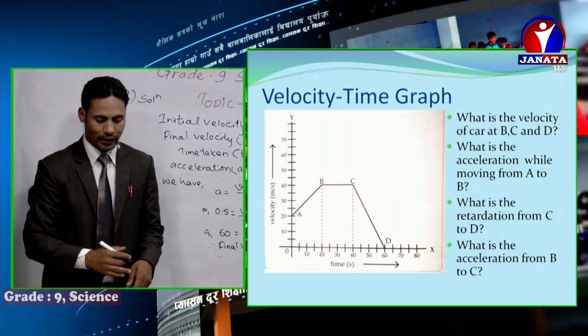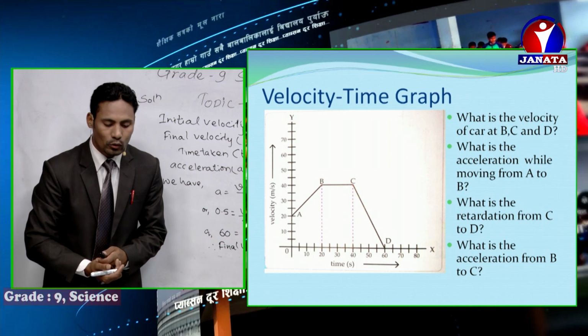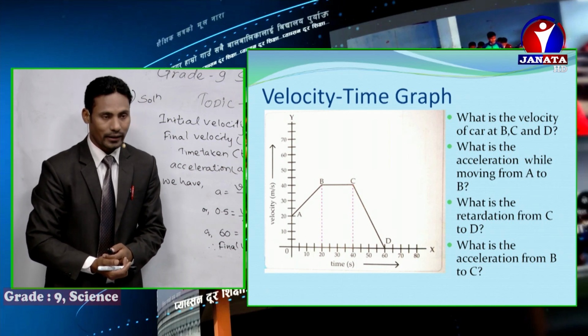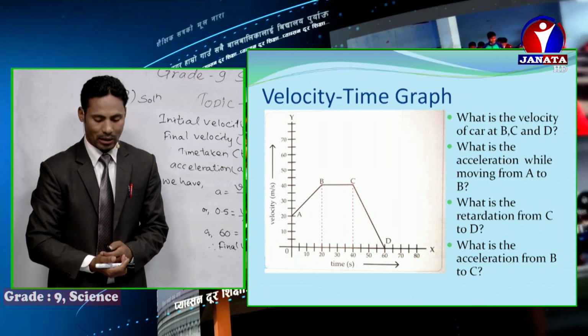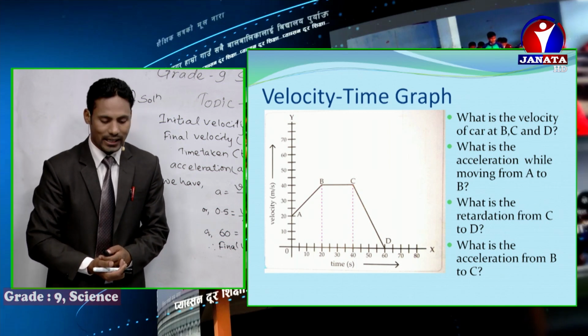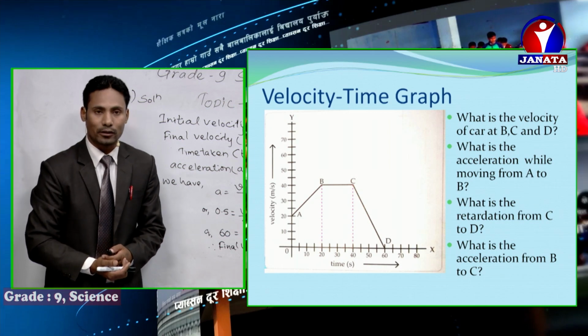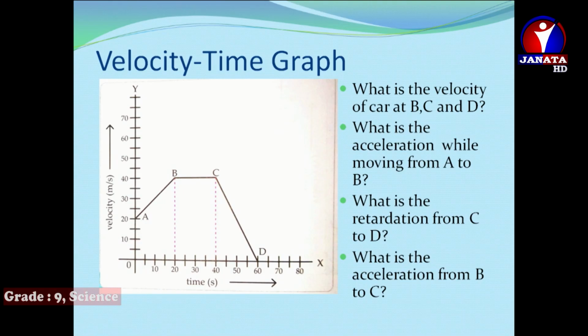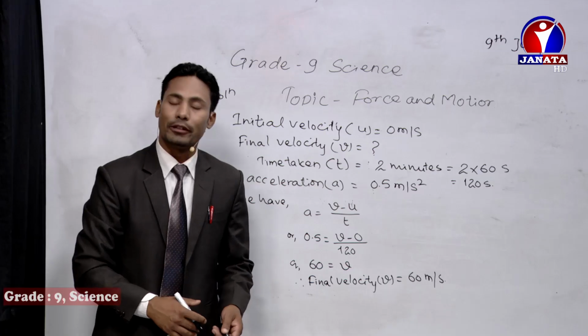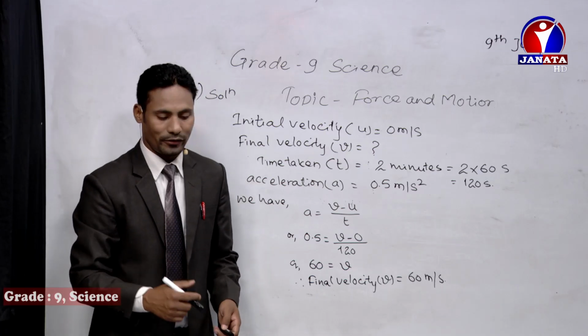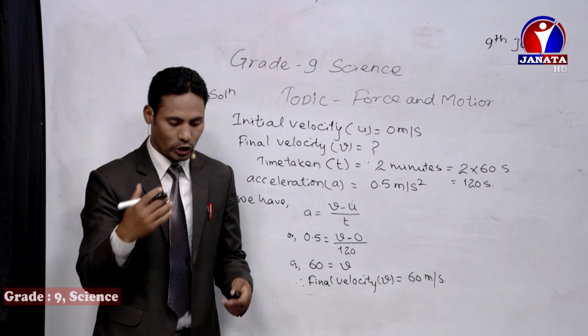Similarly, the acceleration while moving from A to B, and the retardation from C to D, we can calculate. And the acceleration from B to C: generally the velocity is constant, that's why the acceleration is 0 from B to C. So for this velocity time graph, you can check and remember.